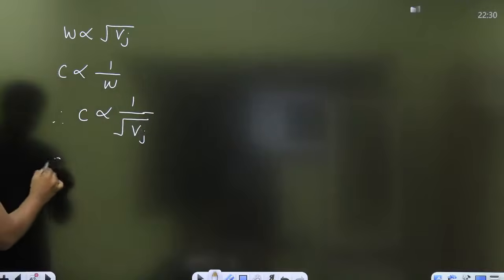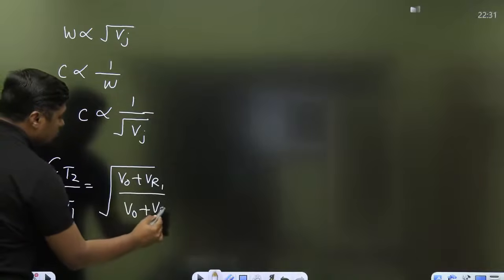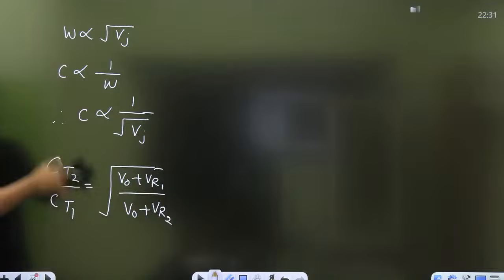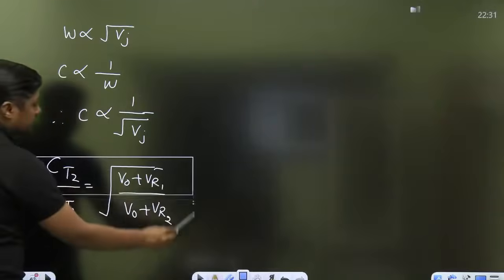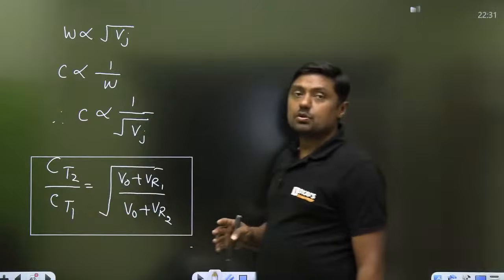Therefore, if we have to find the capacitance, always remember CT2 by CT1 is given by root over (V0 plus VR1) upon (V0 plus VR2), because it is inversely proportional, and that's why you get this ratio. With the help of this, you can directly solve questions. Use this formula; there are a number of questions on transition capacitance. Okay, then this is the important one.